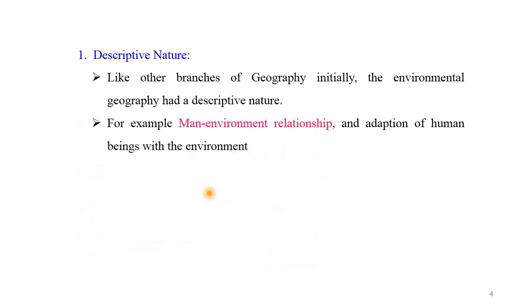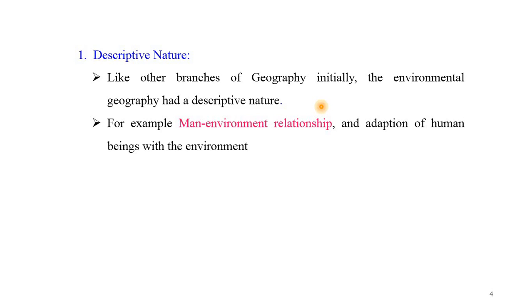The first point is descriptive nature. It means the nature of environmental geography is descriptive. Like other branches of geography, initially environmental geography had a descriptive nature. Earlier, most of the topics of this subject were briefly explained only with the help of words.